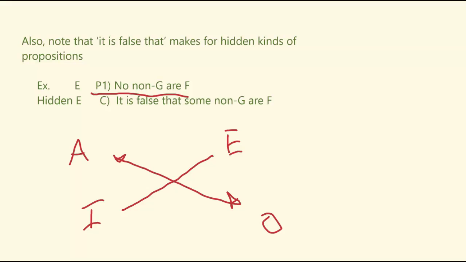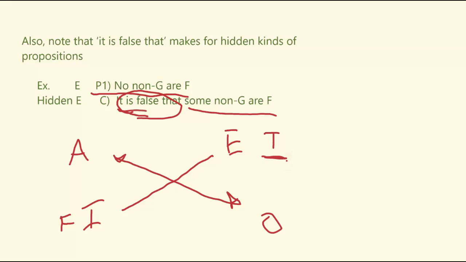So it's asserting that this E proposition is true. What our conclusion asserts is it is false that some non-G are F. Well, some non-G are F is the I proposition that is uniform. Its subject term and predicate term are uniform to the premises. So it's going to get the truth value of false if E gets the truth value of true.